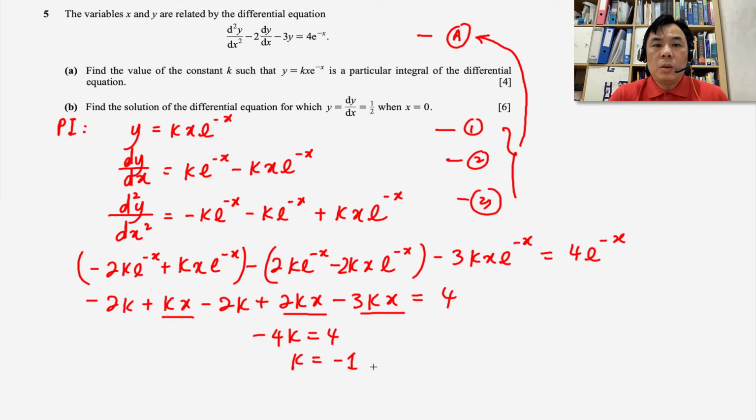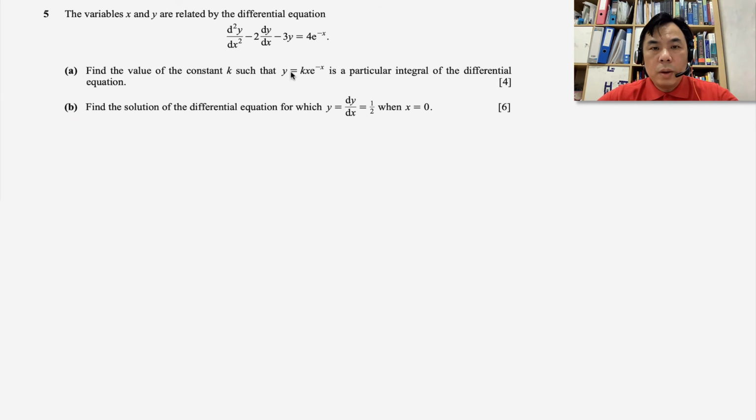All right, so I hope that is clear. Now I'm going to pause here for a while. We're going to solve the second part to obtain the, I would say, more specific solutions for this differential equation. Right, now that we have found the particular integral, I'm just going to rewrite that at the side here.